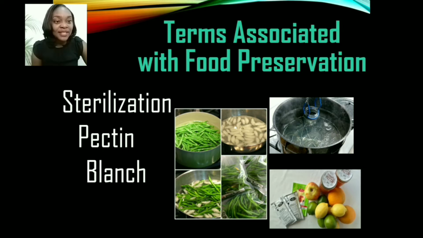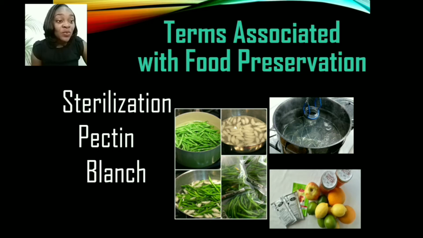On your right, you're seeing some green beans in a pot. Then you see an ice water bath. The beans are then plunged into the ice water bath, and then we're seeing that they're zip-locked. The other image denotes a pot of boiling water with some jars in it. And then the picture below has what?